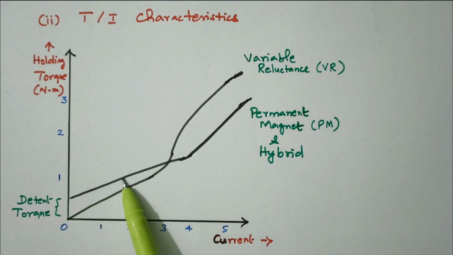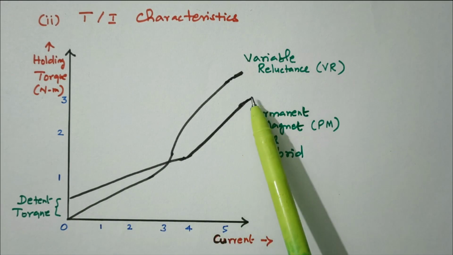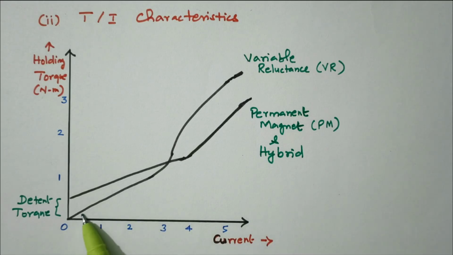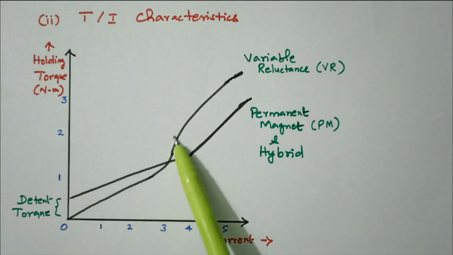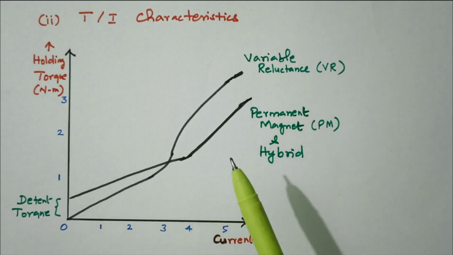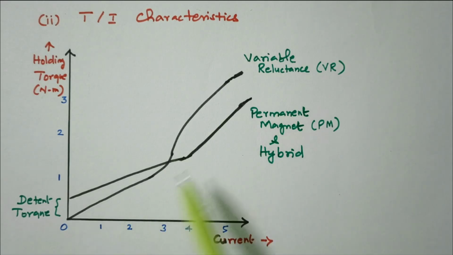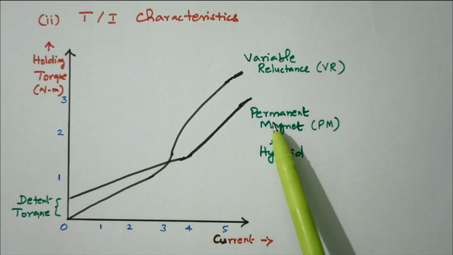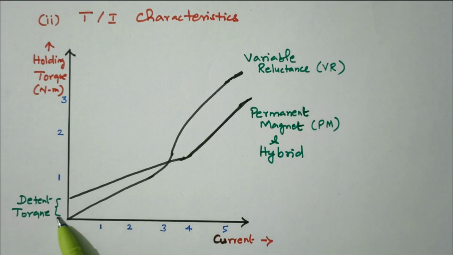Thereafter it keeps on increasing gradually, then rapidly. The variable reluctance motor also increases gradually, then increases rapidly, right? So the important point is the variable reluctance motor has 0 torque, but the permanent magnet and hybrid have some residual torque. So it does not start at 0, it starts with some value.